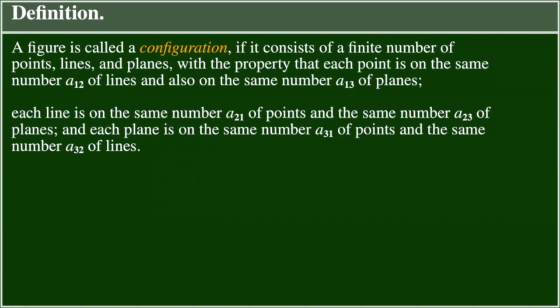Each line is on the same number a21 of points, and the same number a23 of planes, and each plane is on the same number a31 of points, and the same number a32 of lines.